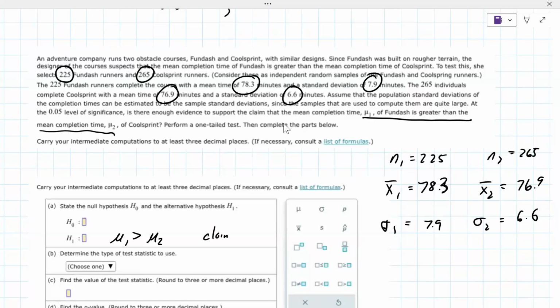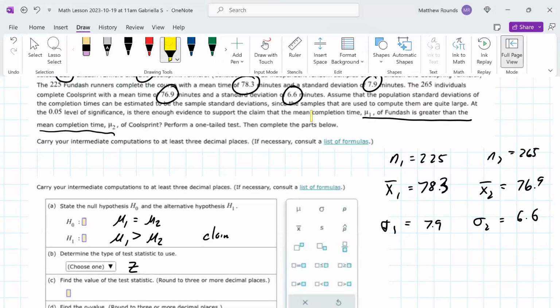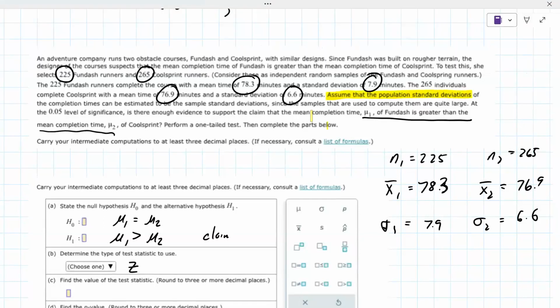Claim always goes in the alternative. And then based on what we saw in your previous homework, H0 is mu1 equals mu2. It's a z because of where it says to assume that the population standard deviation can be estimated from the sample standard deviation. That's why it's a z.